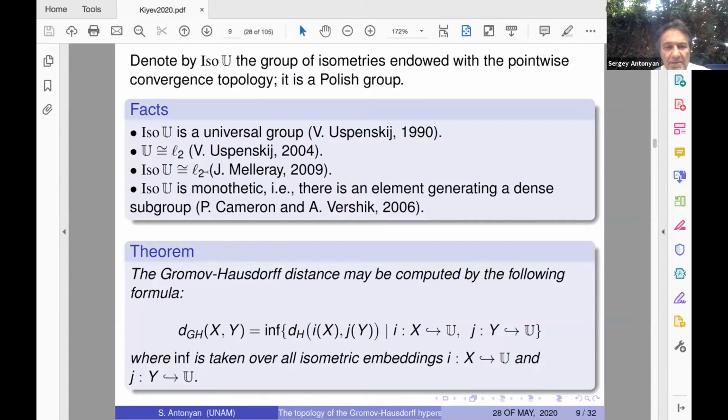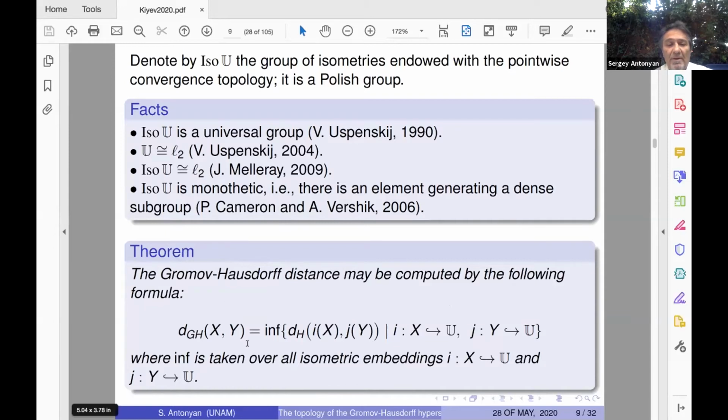So the next theorem belongs to Berestovsky and Vershik. Surprisingly, Gromov at that time had no idea about the existence of Urysohn space. Berestovsky and Vershik proved this because they knew about the existence of Urysohn space.